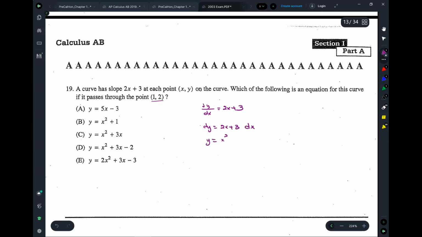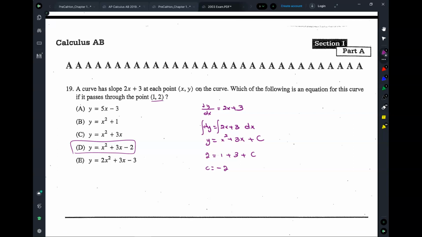Y is, you integrate, of course, x squared plus 3x plus c. Put in the 1, 2, so y is 2 when we have 1 plus 3 plus c. C is negative 2. So y is x squared plus 3x minus 2, D. Okay?